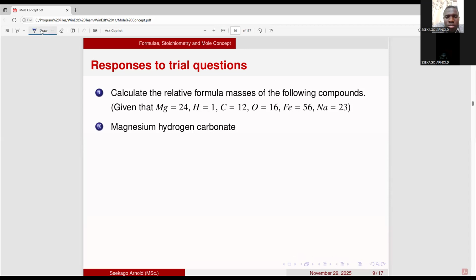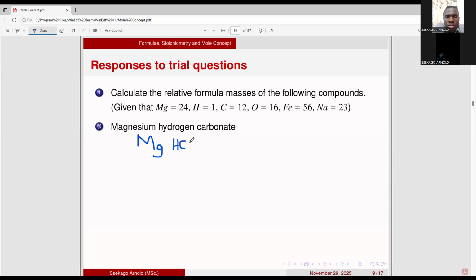This is information that we covered some time back. Magnesium is Mg. The radical hydrogen carbonate is H, C, O, which is oxygen, and the 3. This is the formula of the radical of hydrogen carbonate.